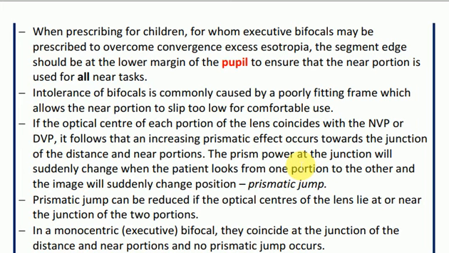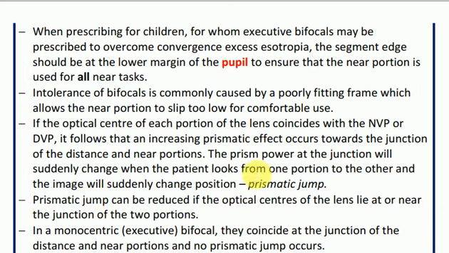The prism power at the junction will suddenly change when the patient looks from one portion to the other, and the image will suddenly change position. This is known as prismatic jump.